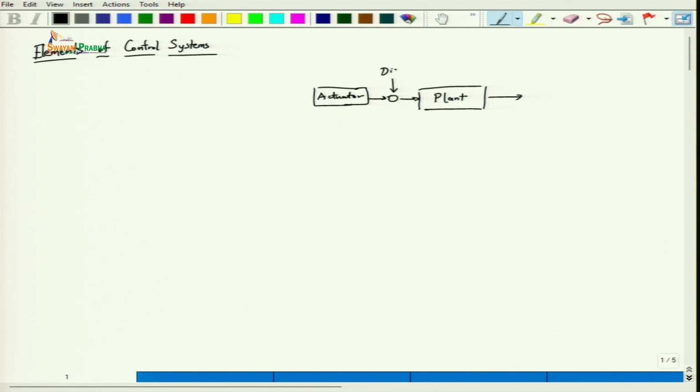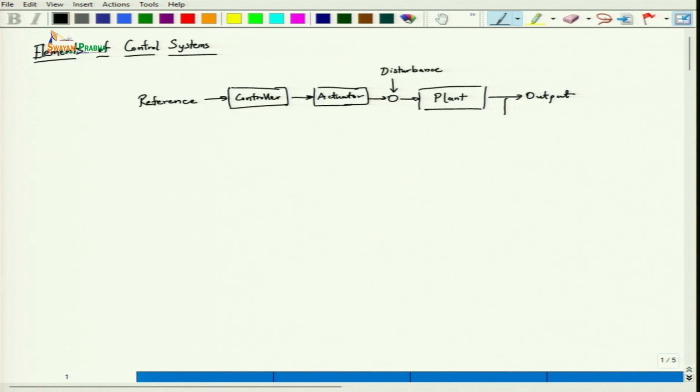Then you have some form of disturbance such as say ground vibrations. The input to the actuator comes from a controller, and here you have your reference which the output should follow.